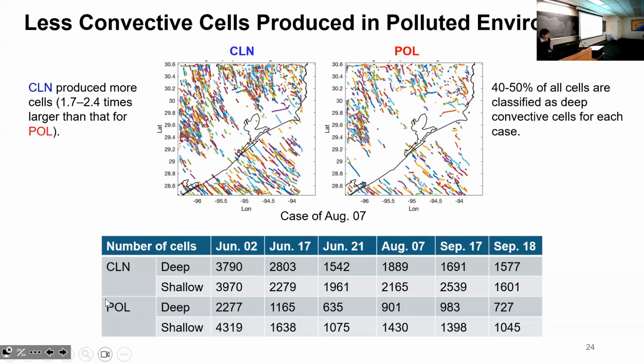This table shows that the clean simulations produce more convective cells compared to the polluted simulations, generally two times larger. 40 or 50 of the convective cells are classified as deep convective cells. So we collected enough samples from each simulation.